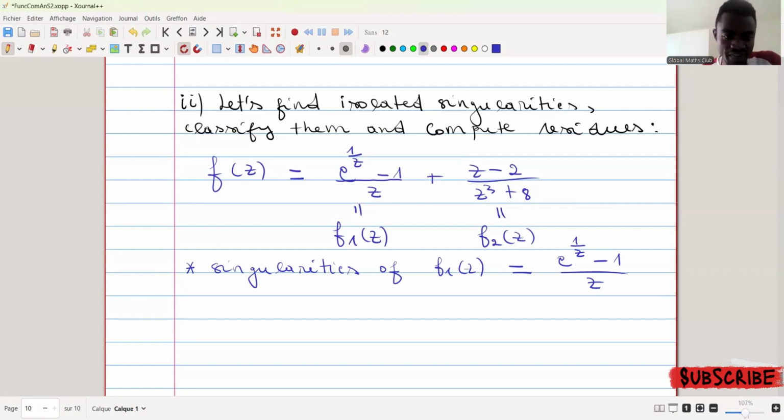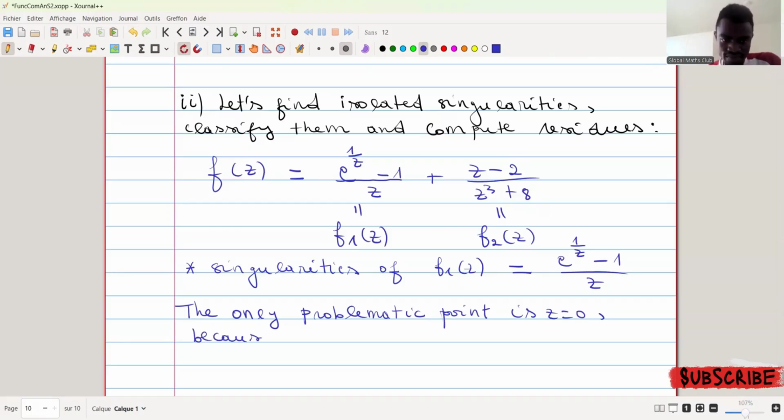So the only problematic point is z equal to 0, because of the term 1 over z in the denominator.